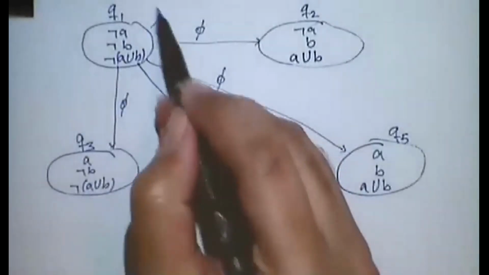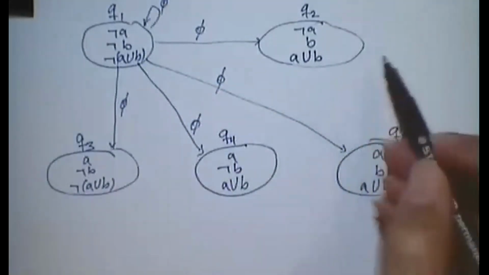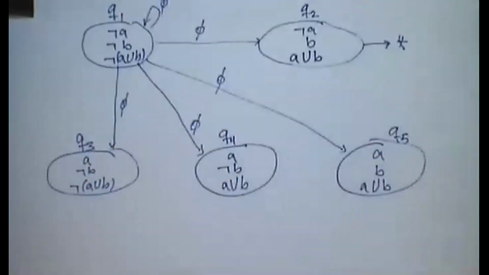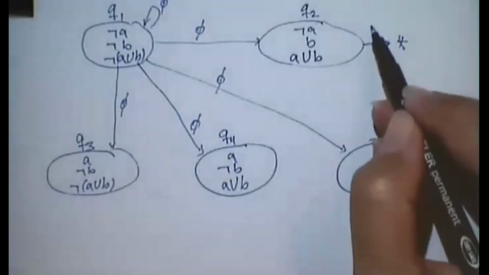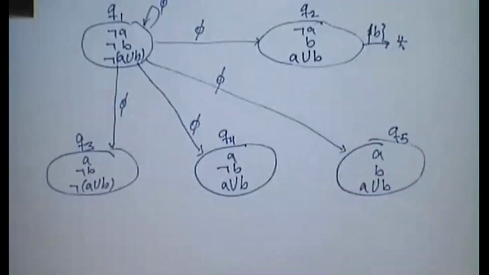So from Q2, I write it like this to say that I can go anywhere because I don't want to write all of those edges. So I can go with the letter B to anywhere that I want.